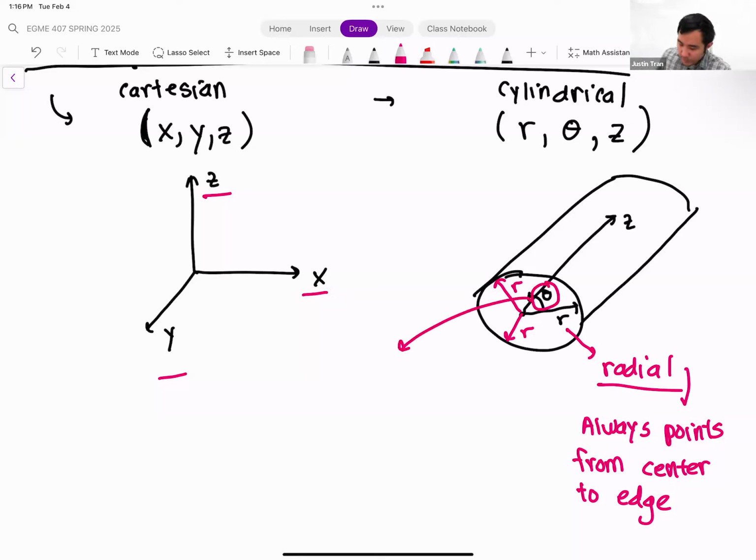And then theta is what we often call the polar direction or polar coordinate. It has to be perpendicular to the R coordinate, and it always points around the circumference of the circle or the cylinder.